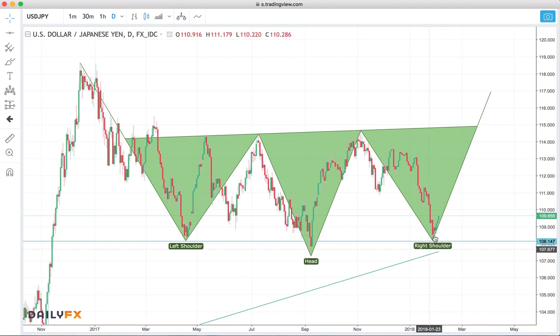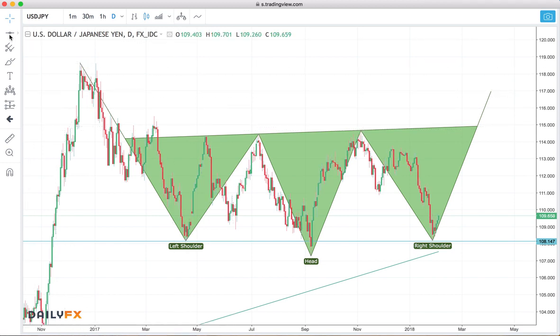We don't have a trend yet. If you look at this line here, we call it the neckline. So basically, you got the left shoulder, the head, and the right shoulder, and whatever the highest point between the left shoulder and the right shoulder, that's called the neckline.